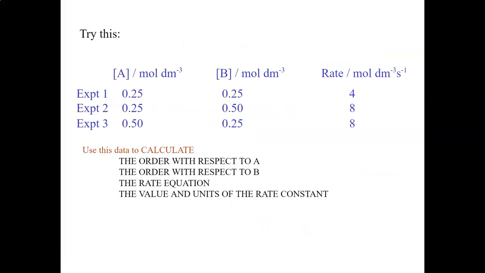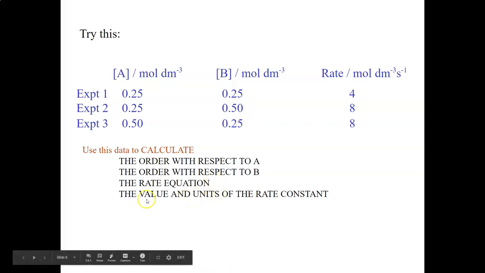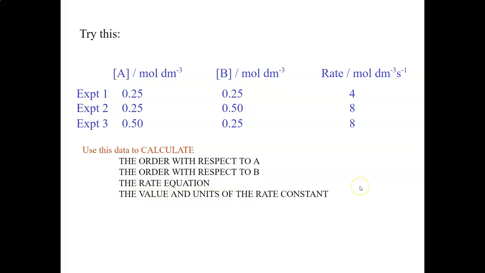Okay, again, here's a second question. The maths on these are quite simple and straightforward, and you have to do exactly the same sort of thing as before. So calculate the orders, rate equation, the value for the rate constant, and the units of the rate constant.